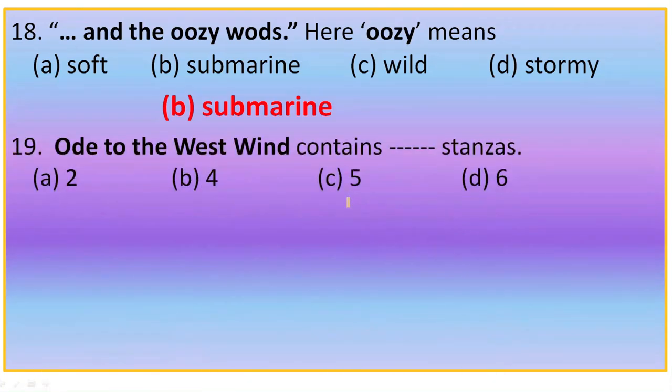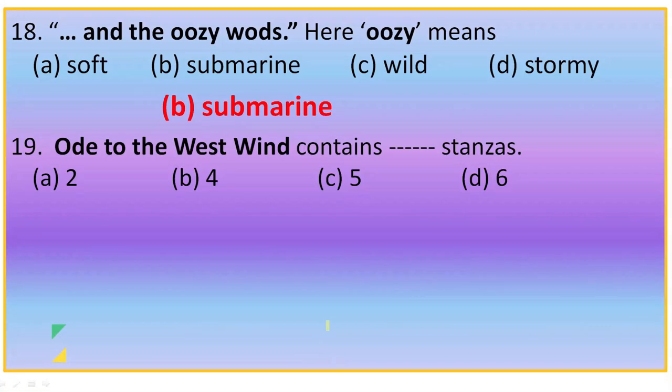Next, question number 19. Ode to the West Wind contains dash stanzas. Ode to the West Wind has a total of 5 stanzas. The first 3 stanzas describe the activities of the west wind over the land, then sky, then ocean, and in the last 2 stanzas, Shelley describes his present miserable condition and also makes a comparison.